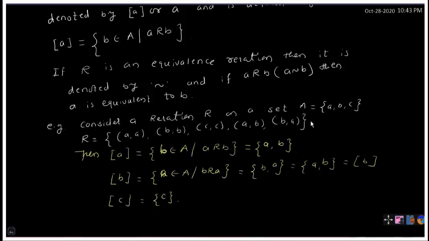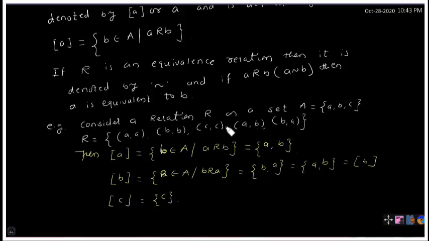Why is this relation an equivalence relation? See here, this is a relation on this set A. Each element (a,a), (b,b) and (c,c) are in R, so this is reflexive.